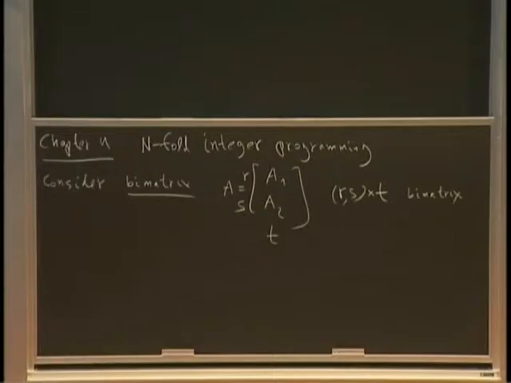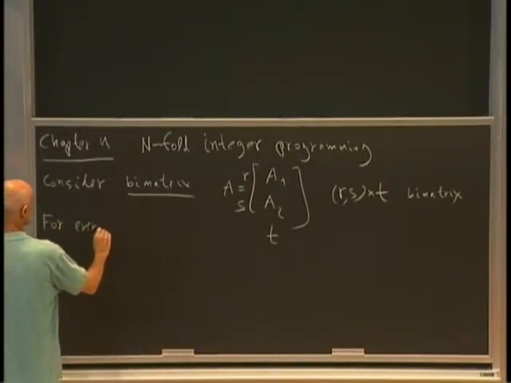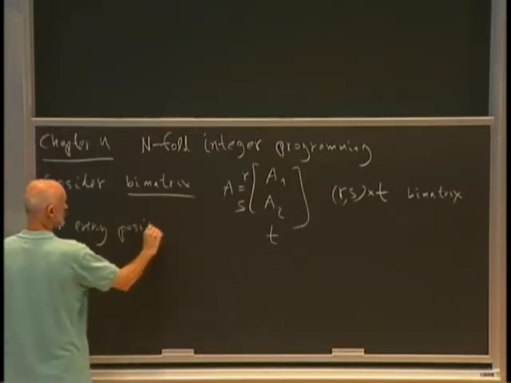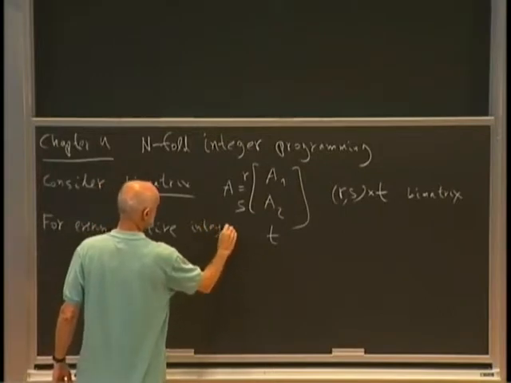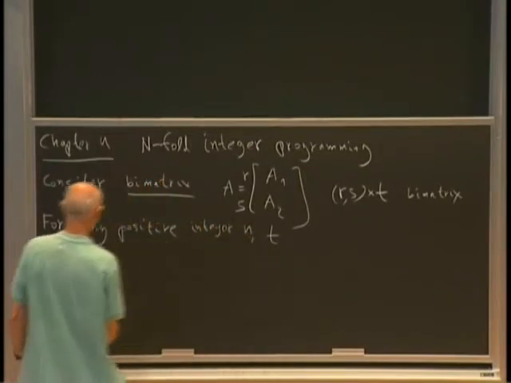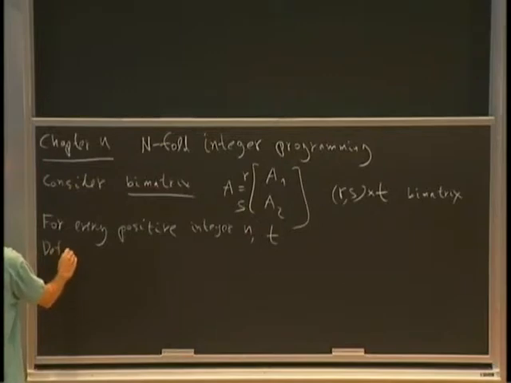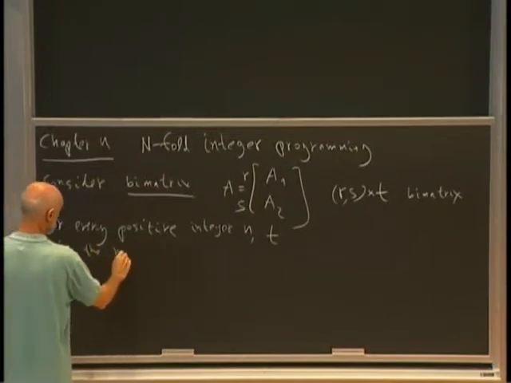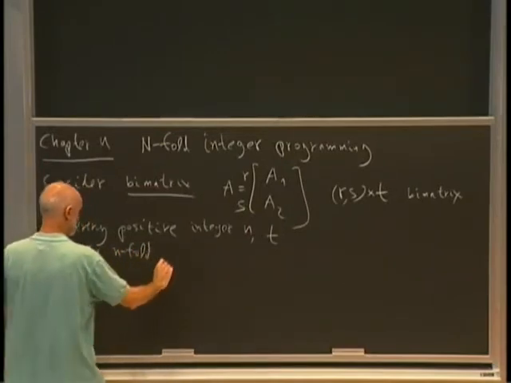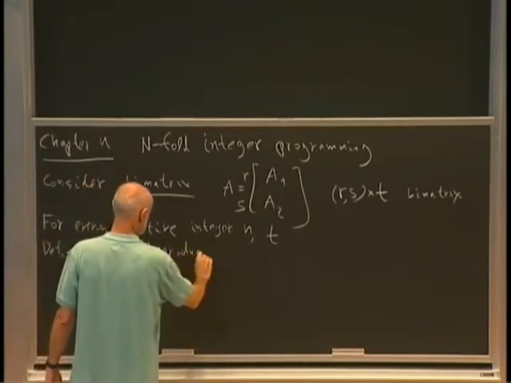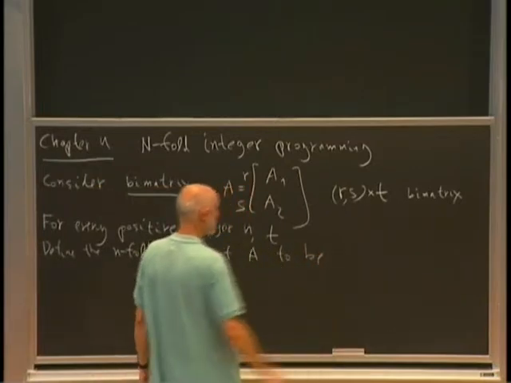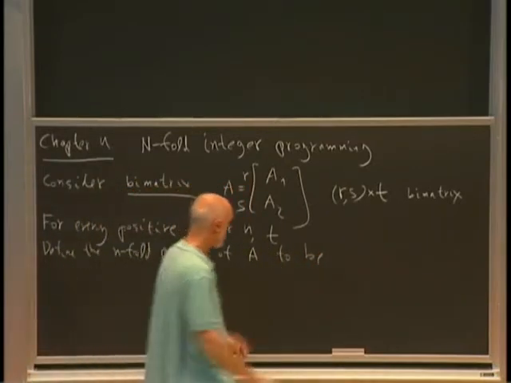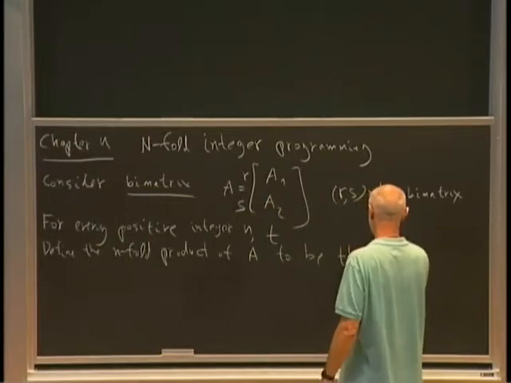Now we define, for every positive integer n, the so-called n-fold product of A to be the following matrix, not a bimatrix. So we start with a bimatrix, and then we get a matrix.